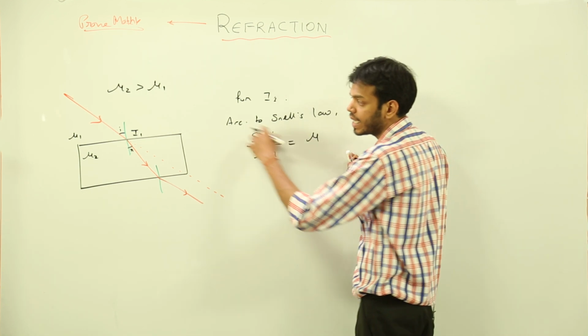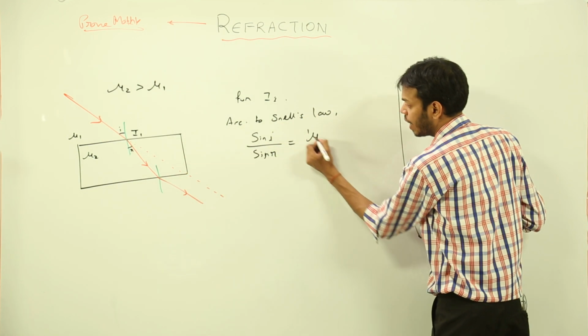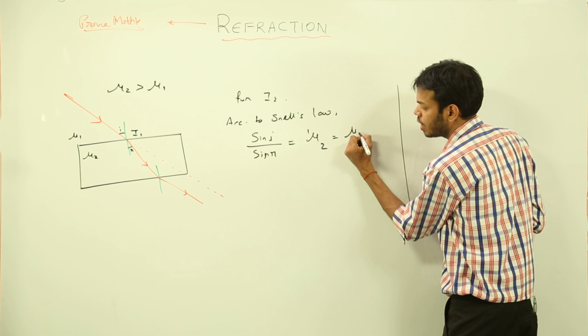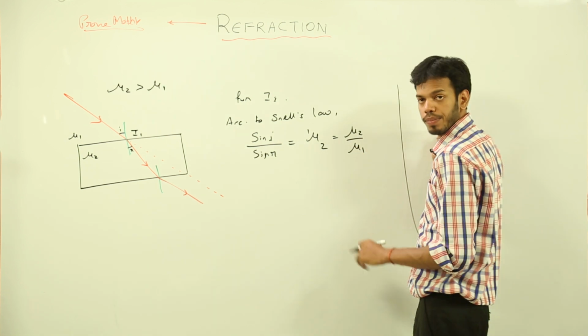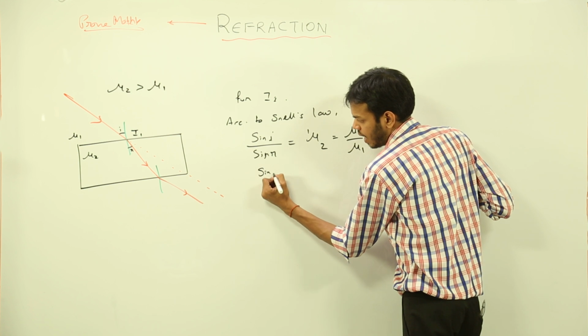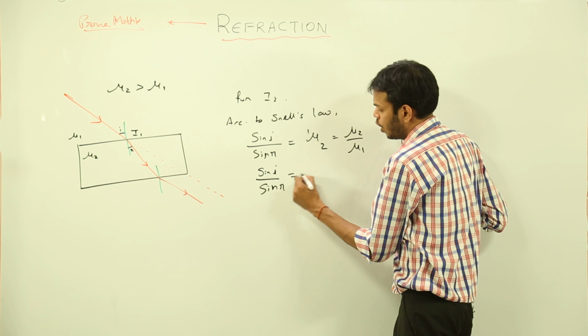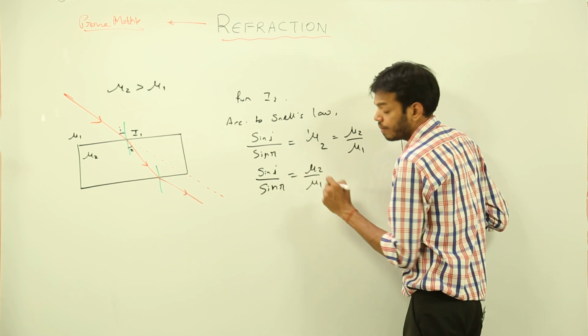What would be in this case interface 1? The light is traveling from 1 to 2, that means it would be 1 mu 2, which is further written as mu 2 over mu 1, right? This means sine I upon sine R is equal to mu 2 over mu 1.